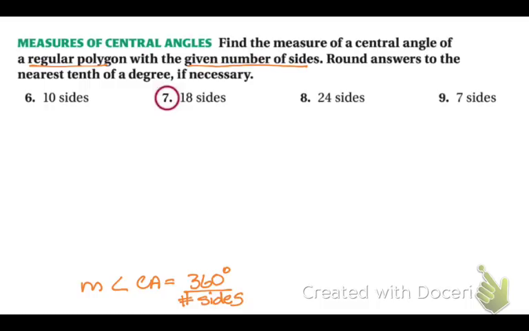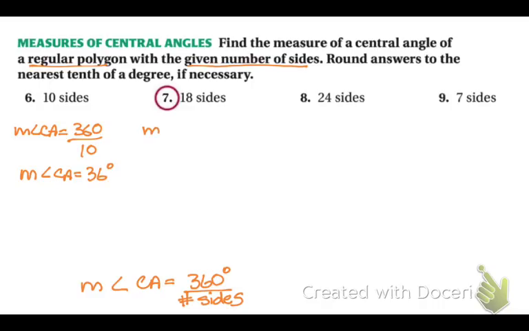So for number 6, the measure of the central angle is equal to 360 divided by 10. So obviously the measure of the central angle is equal to 36 degrees.